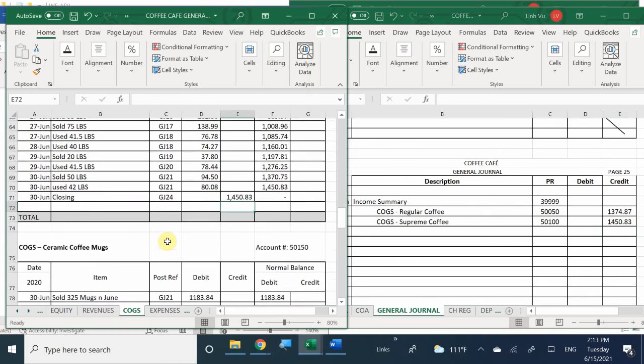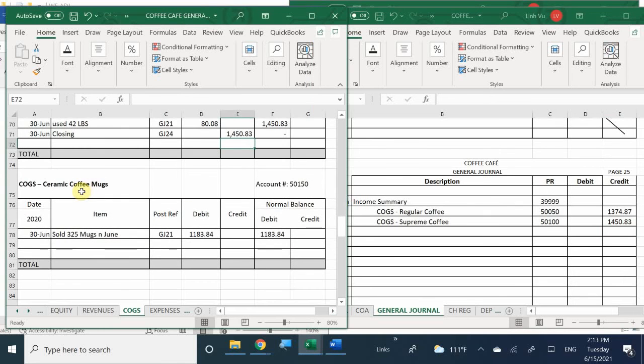Let's see what account is next. We have the cost of goods sold for the ceramic coffee mugs. All right.